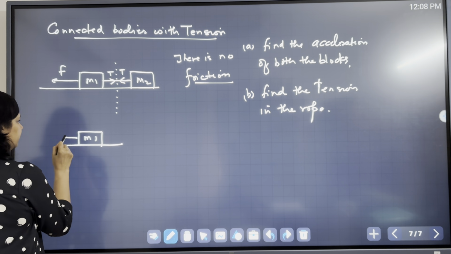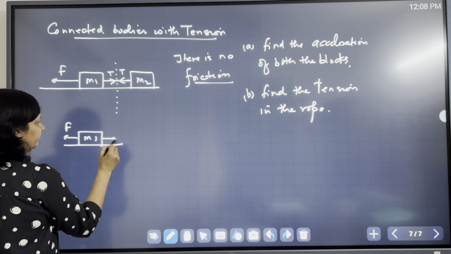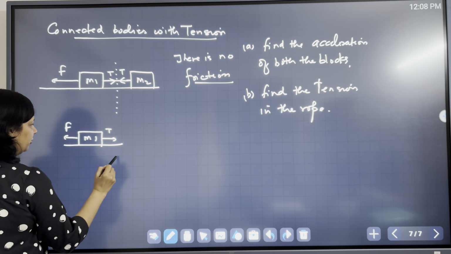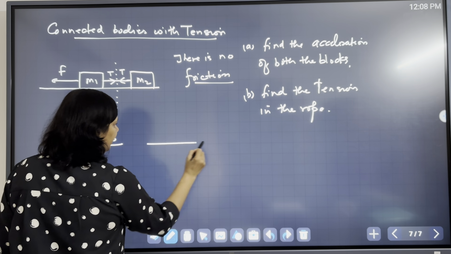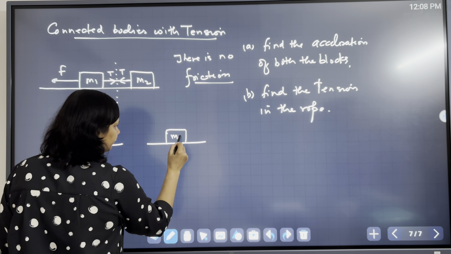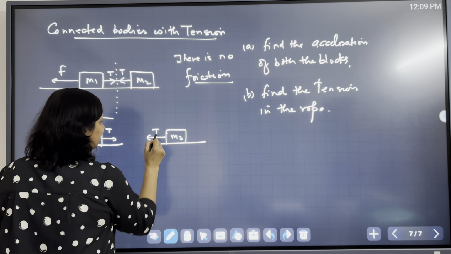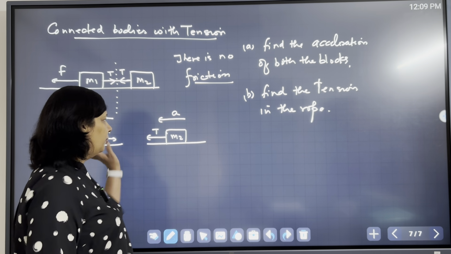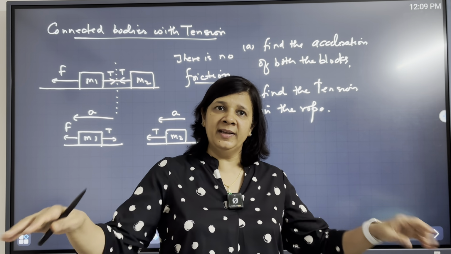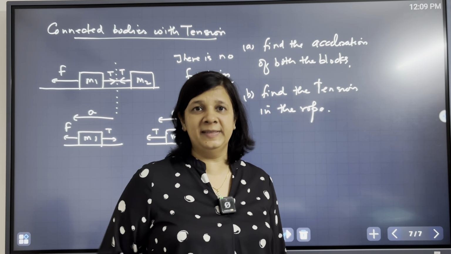M1: F and T, and they both are moving towards left with an acceleration A. M2: T towards left. Also, as long as it is frictionless and there is one rope, the tension will be the same.